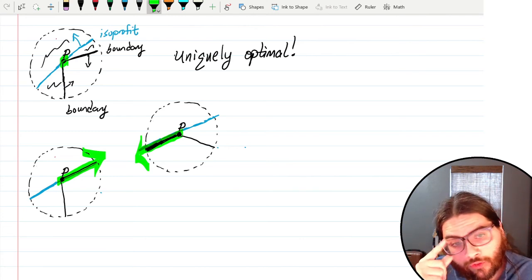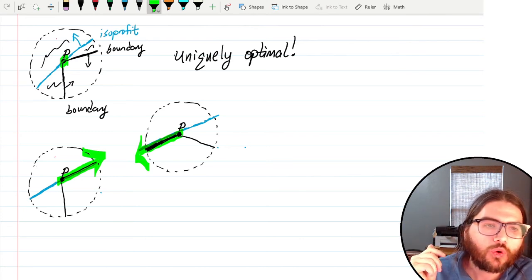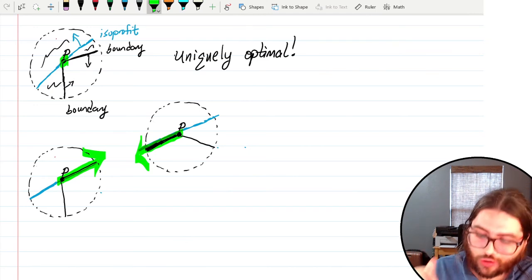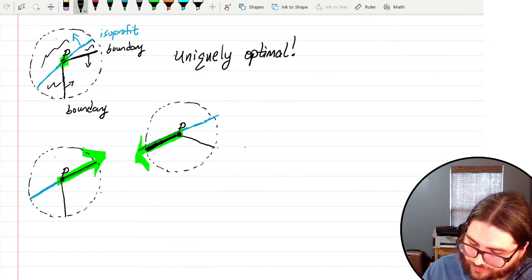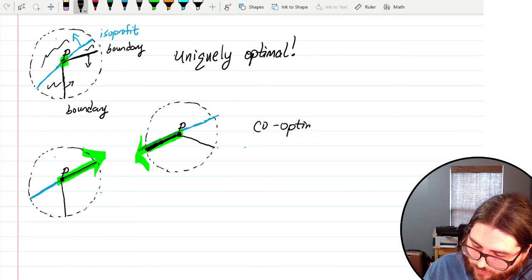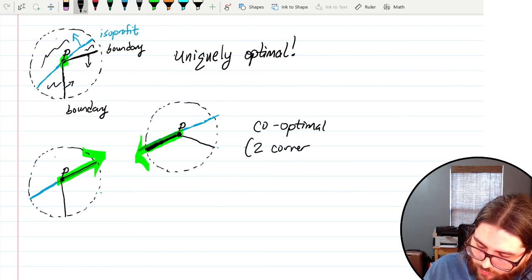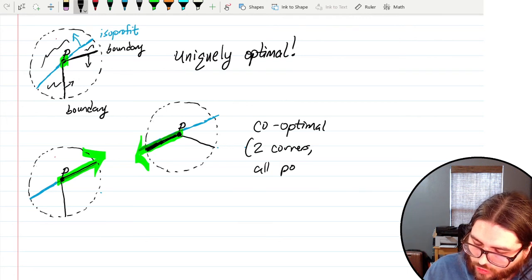And so all of those points in between those 2 corner points, including the 2 corner points, are co-optimal. So there are 2 corner points which are co-optimal, and all the points between which are co-optimal.